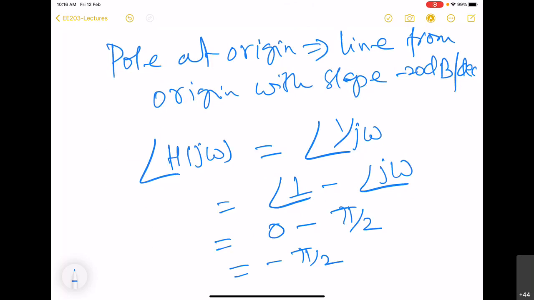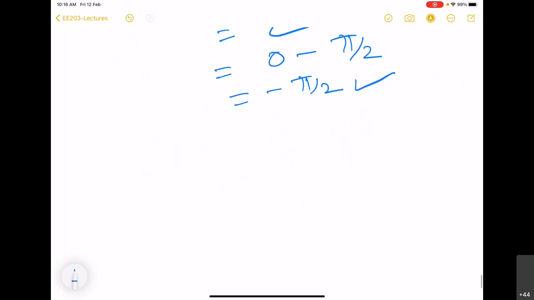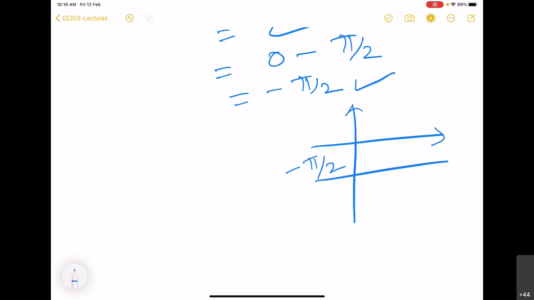So a 0 gives rise to phase pi by 2, and the pole at origin gives rise to phase minus 90 degree. So these are the individual building blocks or individual curves that we should know, so that we can combine them to find out the plot of any given transfer function.